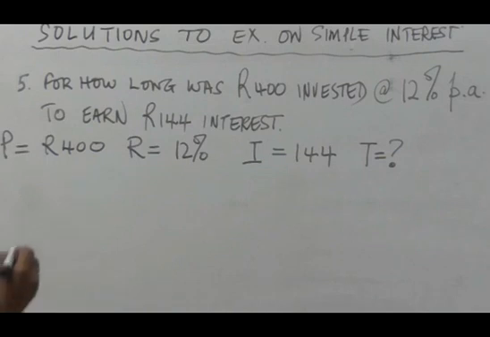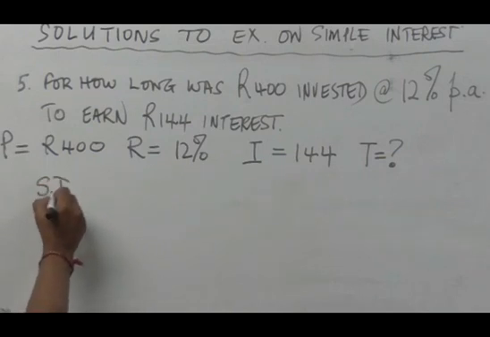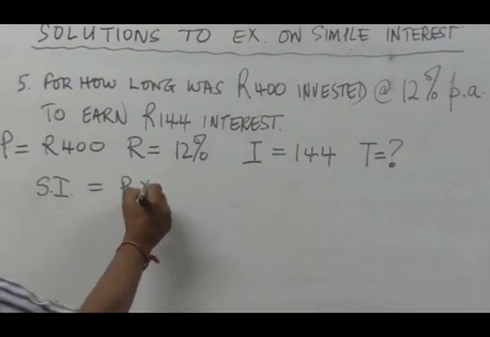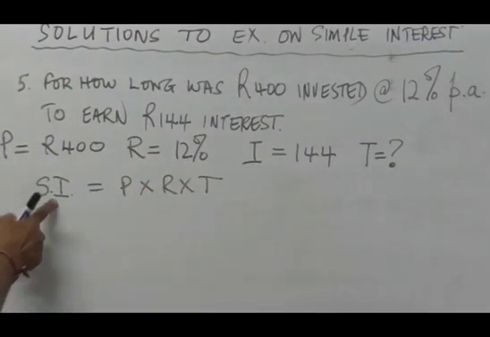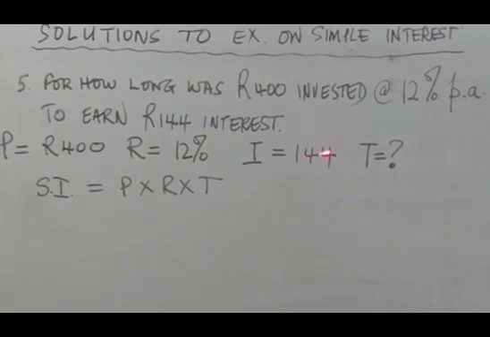So we start with the normal simple interest formula and substitute accordingly. What is the simple interest? Well, you can see that the interest is 144 Rand. So 144 will come here, where there's interest.